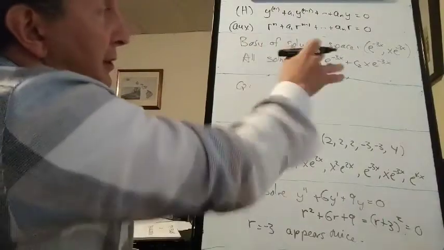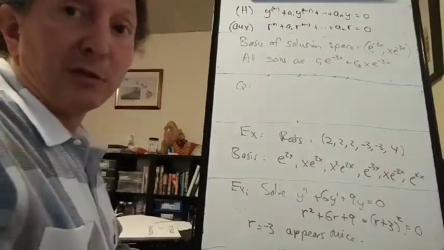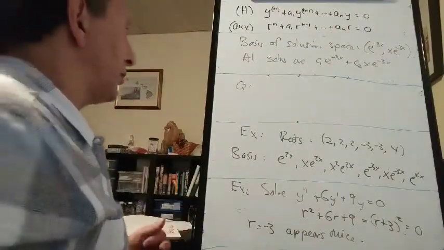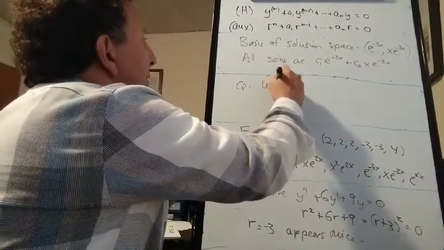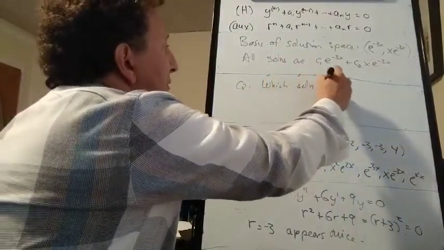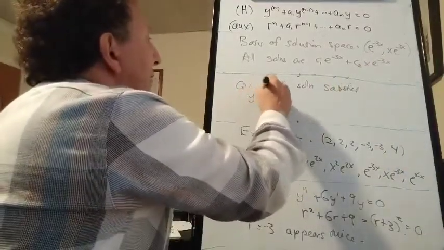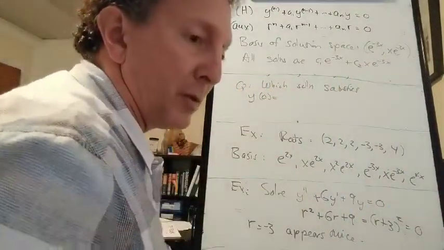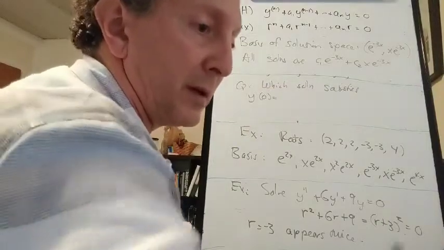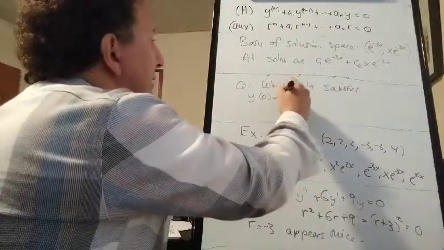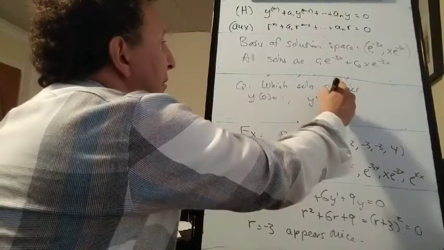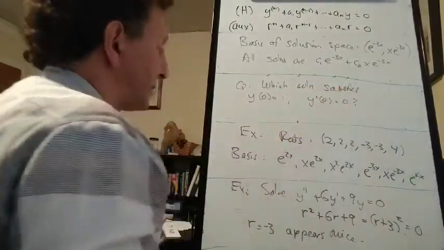Now, a question we could ask about this two-dimensional space of solutions is which solution has a certain property. So which solution satisfies y of 0 equals, let's say, 1 and y prime of 0 equals 0.